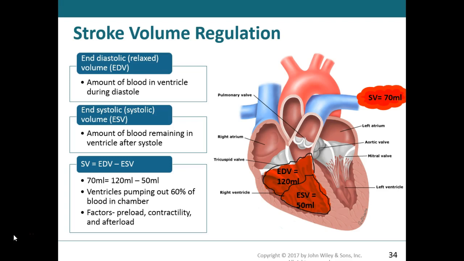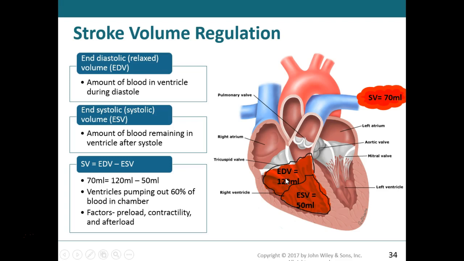Well, we use a couple of volumes that are pretty much standard for the average adult to figure out stroke volume. Those two volumes are end diastolic volume, or relaxed volume, which is the amount of blood that's in the ventricle during diastole. So your end diastolic volume, full ventricle, right?